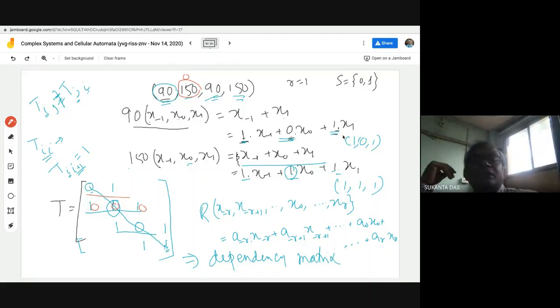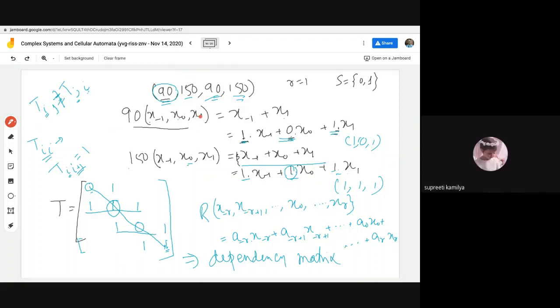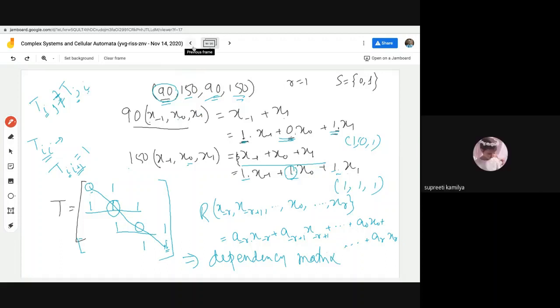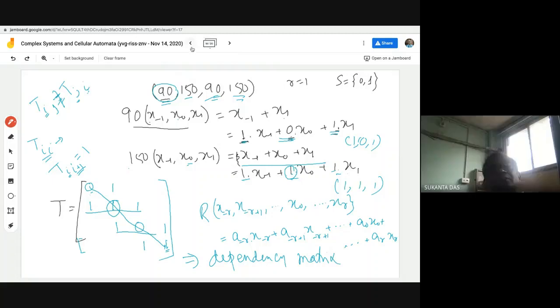And Shukruti, your question was what is the rationale, the benefits of the matrix. Yes, lots of benefits. Once you are able to represent a CA by a matrix, as I was saying, you can deal with the matrix only.